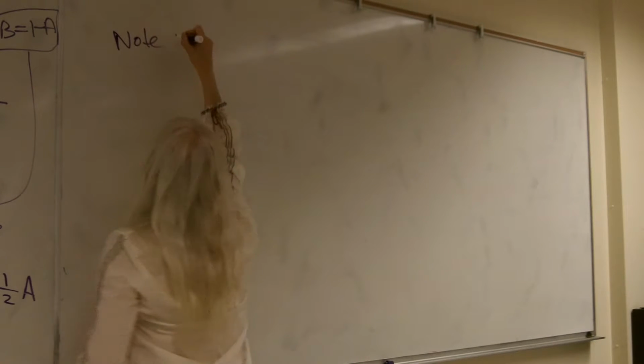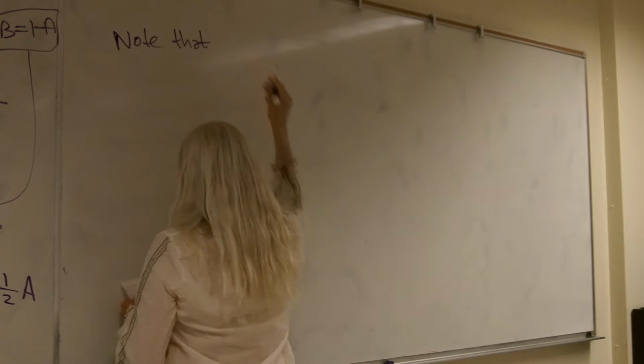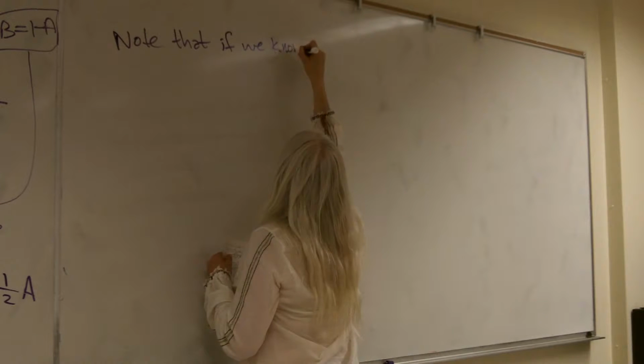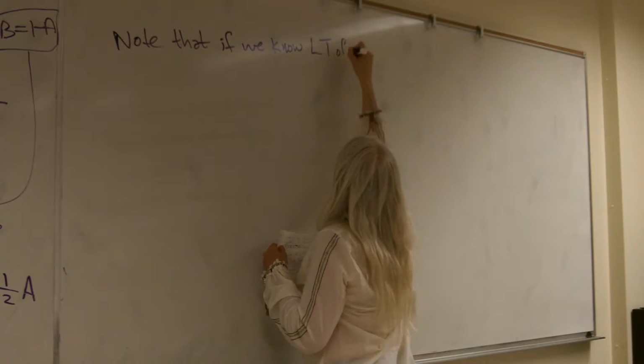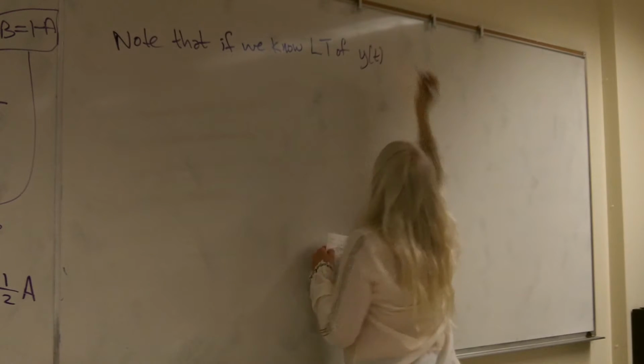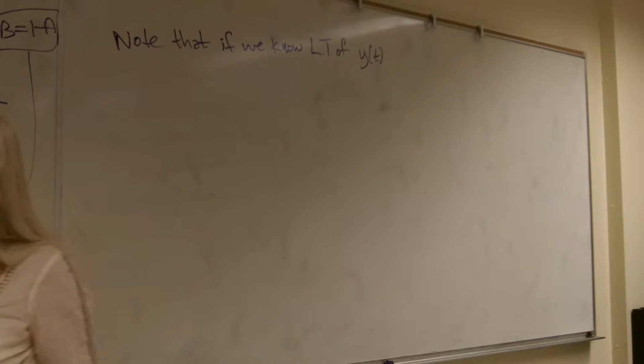So let's first of all notice that if we know the Laplace transform of, let's call it y of t, right? In our generic descriptions of Laplace transforms, we talked about our function little f of t, and then its Laplace transform was capital F of p. In the discussion of ordinary differential equations, your book likes to call the function y. So let's call it y instead of f. So y of t.